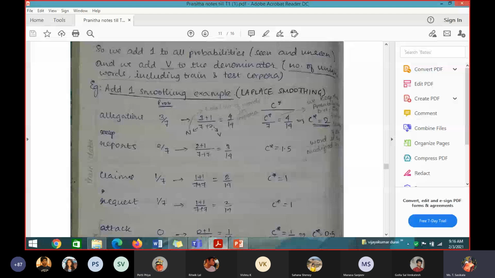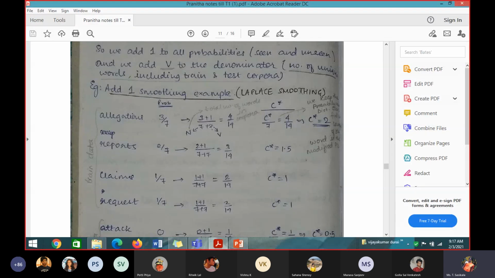I am assuming that report is appearing 3 times, right? Initially when it appears 2 times, I am taking it as 1.5. I am adding 1, so I am assuming that it is 3 times. So in that I am taking 0.5. Okay. So now I am pretending as if it is appearing 3 times. So from that, can you tell me how much?